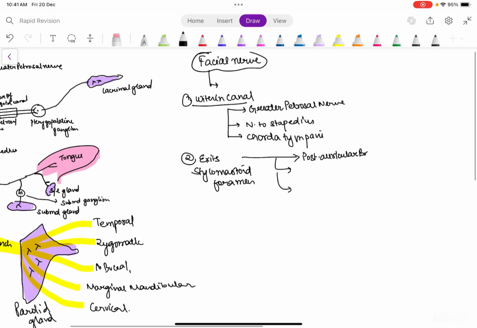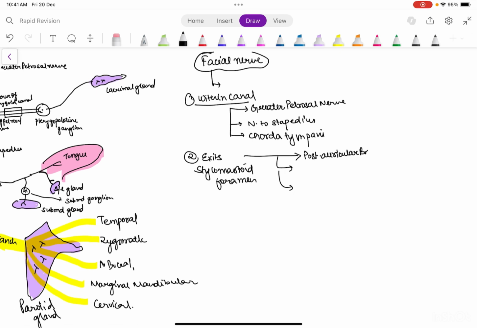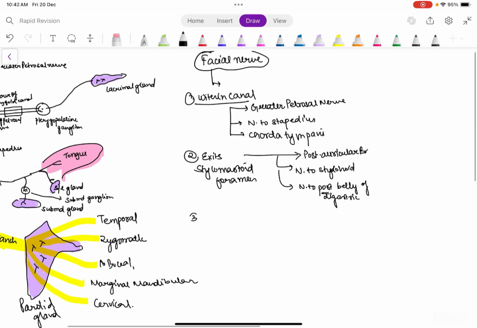Then the nerve to stylohyoid. And then the nerve to posterior belly of digastric. Now why posterior? Because it is a second arch derivative, also the anterior belly is supplied by the mandibular nerve, right? Then third is the one which enters the parotid gland, that segment.